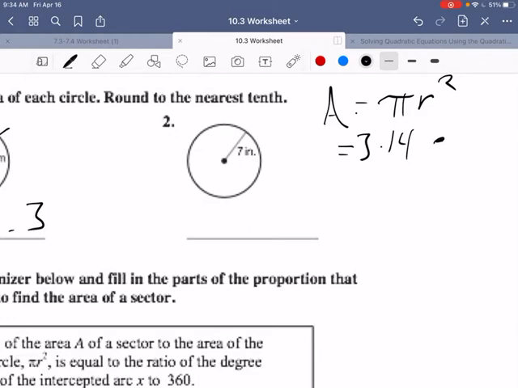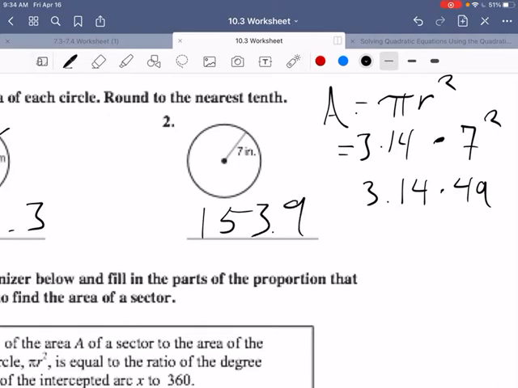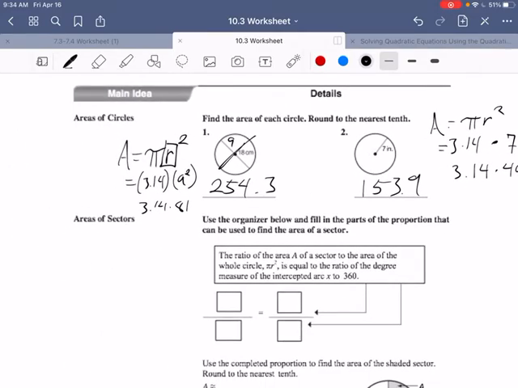So 3.14 times 49. And that equals 153.86. If we round it up, it would be 153.9. Alright, so now don't worry about putting in this right here.